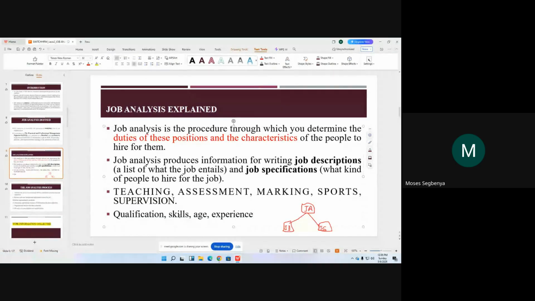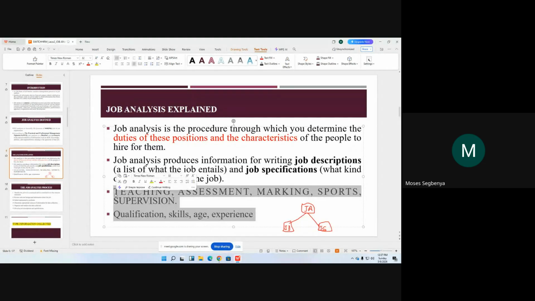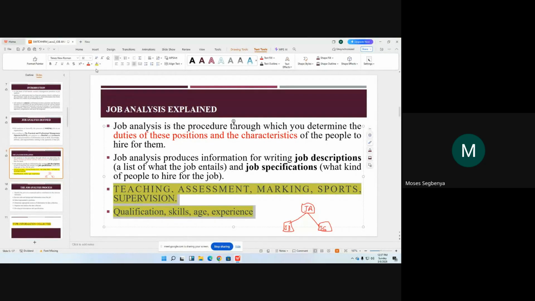You heard our brother when he was mentioning, he said having some number of years of experience will be an advantage. So basically it's telling you that your human factor to be brought on board is equally important. So every job analysis is supposed to produce pieces of information like this.